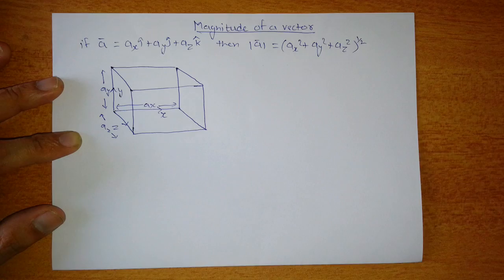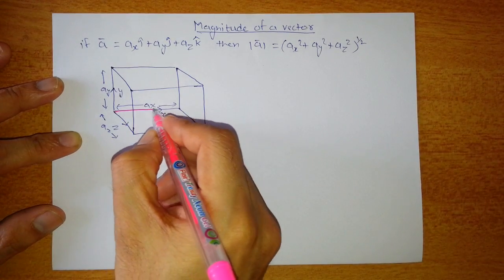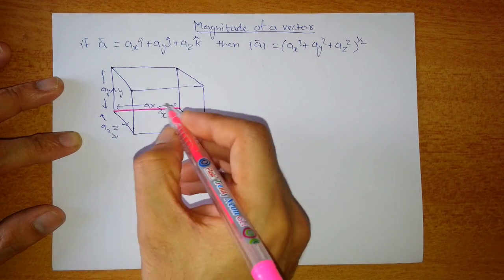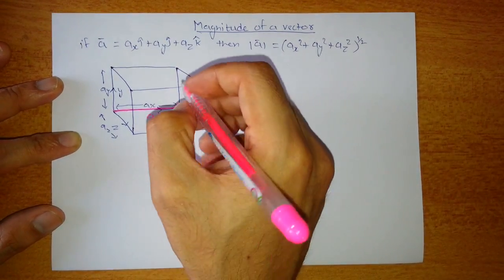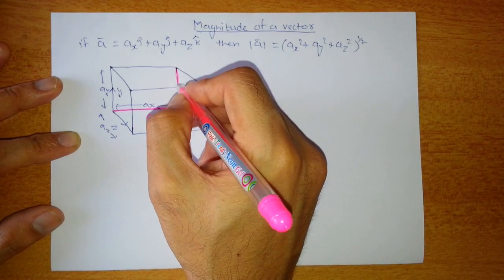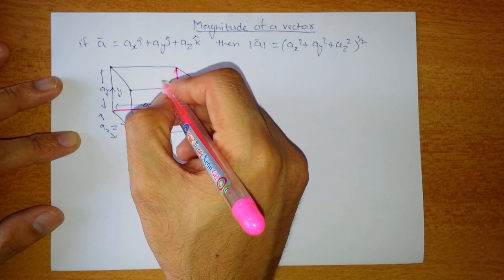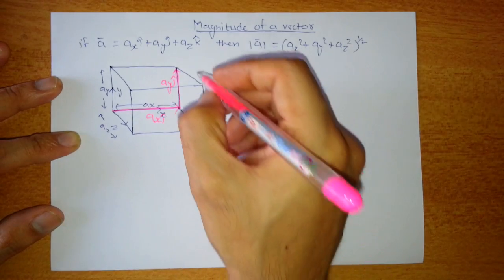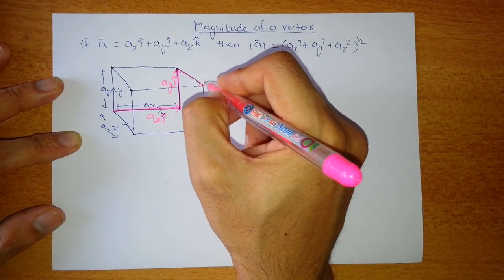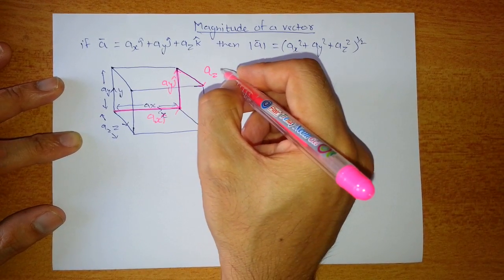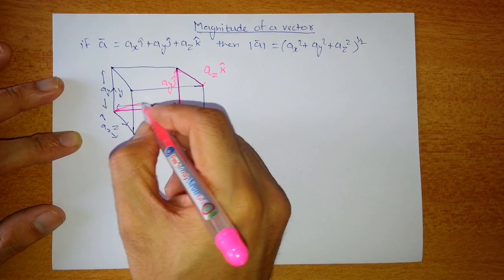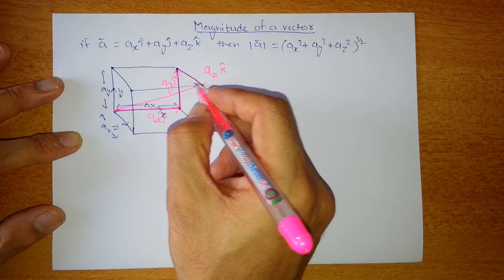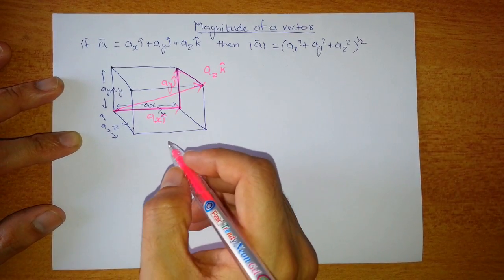So if we use the vector, this is ax i cap, this is ay j cap, and this vector is nothing but az k cap. So we are getting a vector from this point to this point, which is nothing but the sum of these vectors.